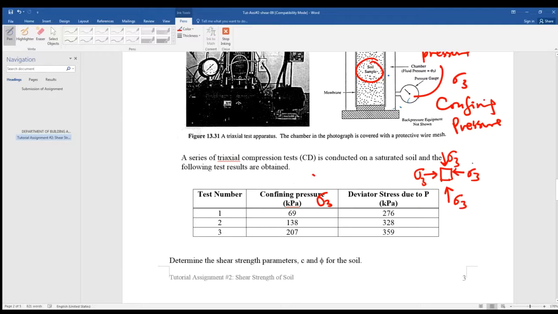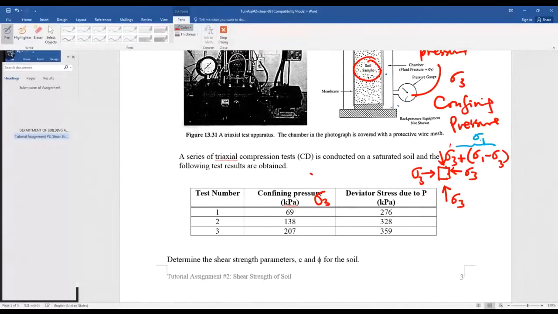And then you add up a certain part until it fails. So from sigma 3, you add a smaller amount, which gives you the total sigma 1. That amount should be equal to sigma 1 minus sigma 3.